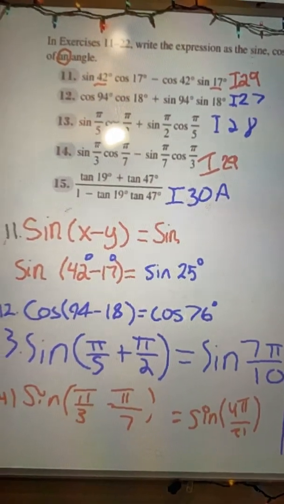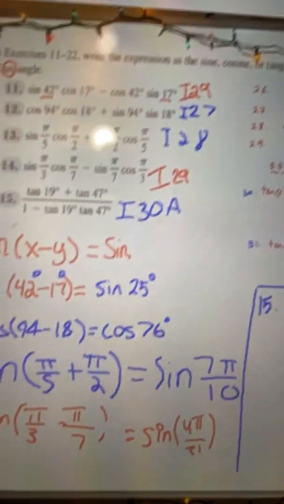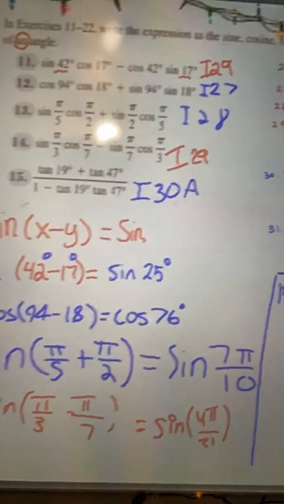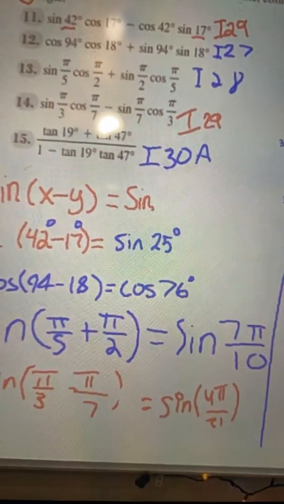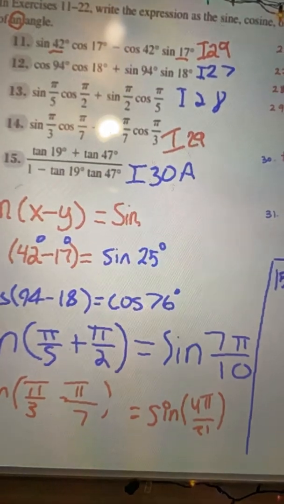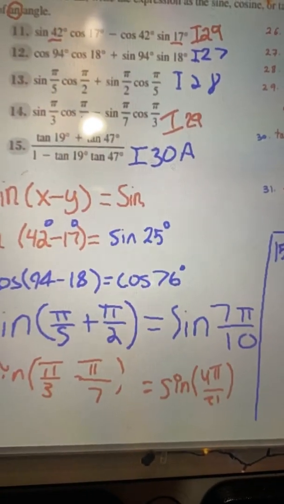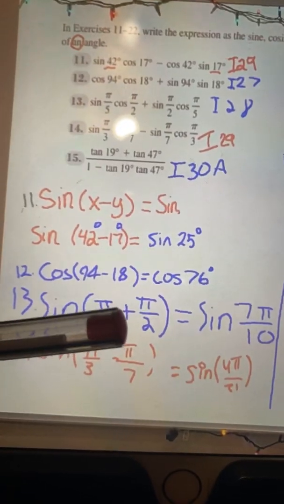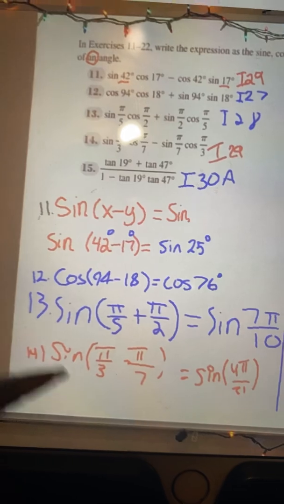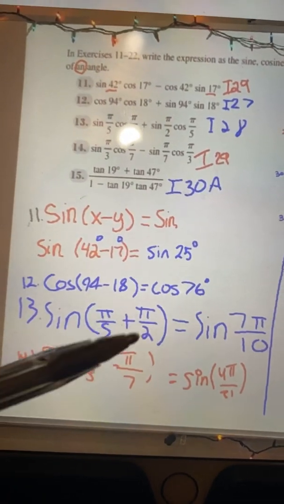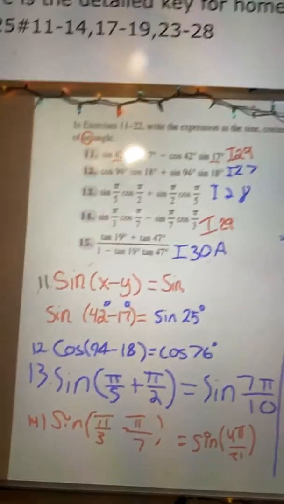So it will be 10: multiply the first one by 2, and the second one by 5. So it will be 2 pi over 10 and 5 pi over 10, which leads to 7 pi over 10. And that's all you need. You can't stop before that, because if you stop there, you don't have a sine of a single angle.